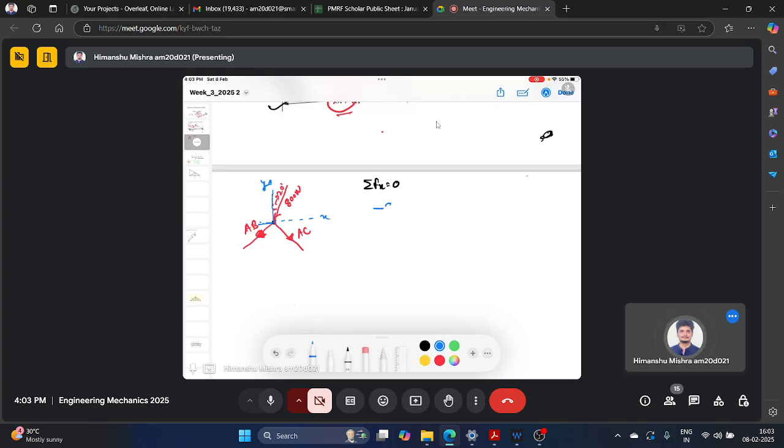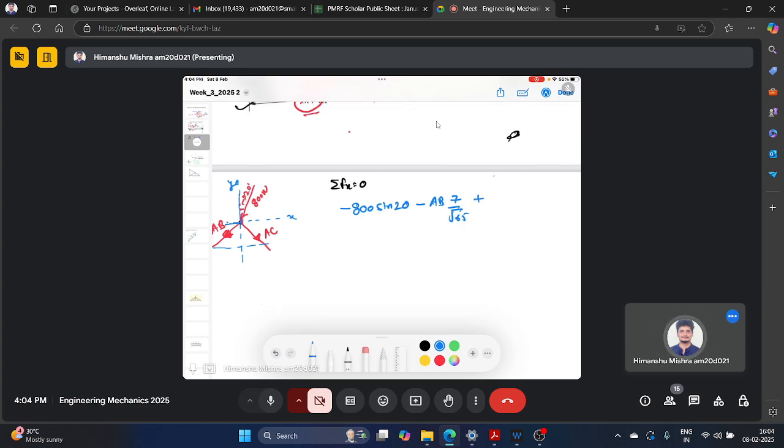So it will be minus 800 sine 20. Then AB will be, again in the minus x direction, so it will be minus AB 7 by root 65, plus AC in the positive x direction, so 7 by root 65 AC equals 0.